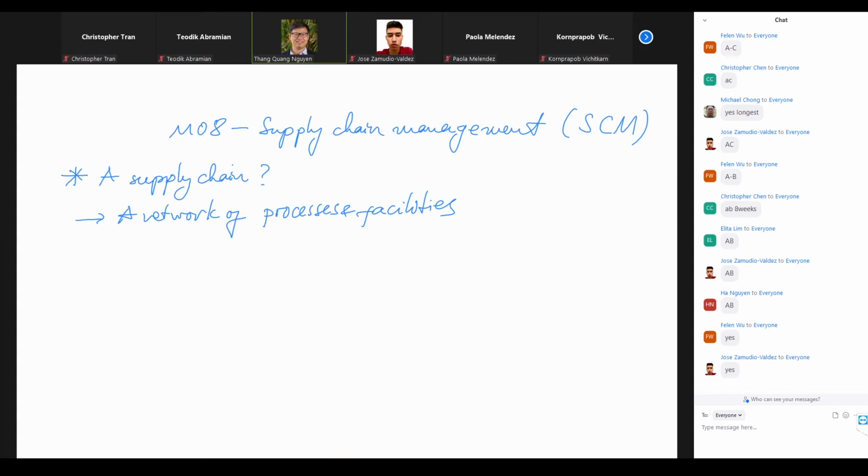Or facilities. It can be the mines themselves, the factories, the fields, the gardens, the warehouses, the fulfillment centers, the online operation centers, right? All of these are part of the network.